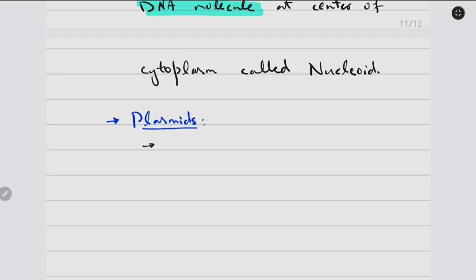Apart from that, they might have plasmids. Plasmids are small, circular rings of DNA other than chromosomes. They would have only a few genes.